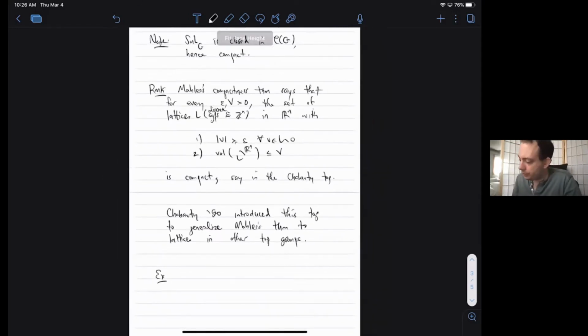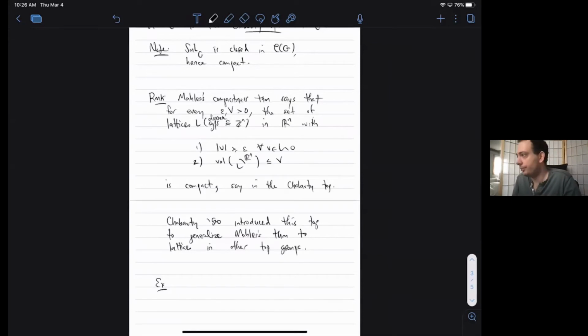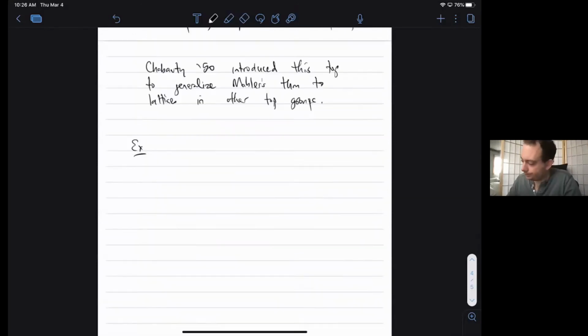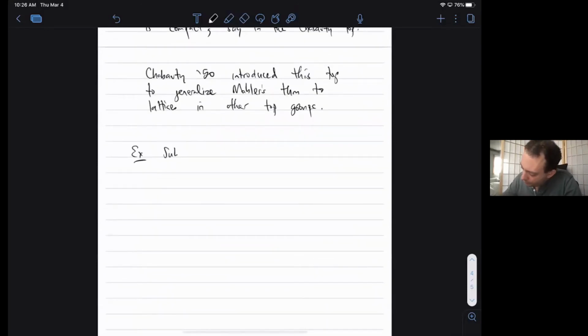All right, so let's do an example where we try to understand Sub G. I claim that if I look at Sub of the real numbers, viewing the real numbers as a group under addition, and I look at the space of closed subgroups of it, that is homeomorphic to a closed interval, which I'll write as [0, infinity].